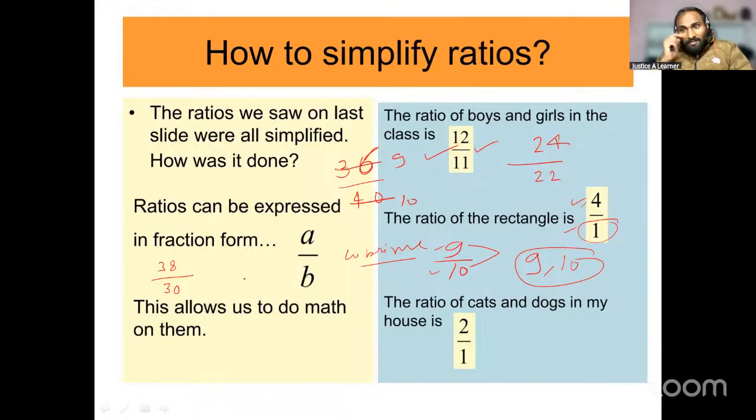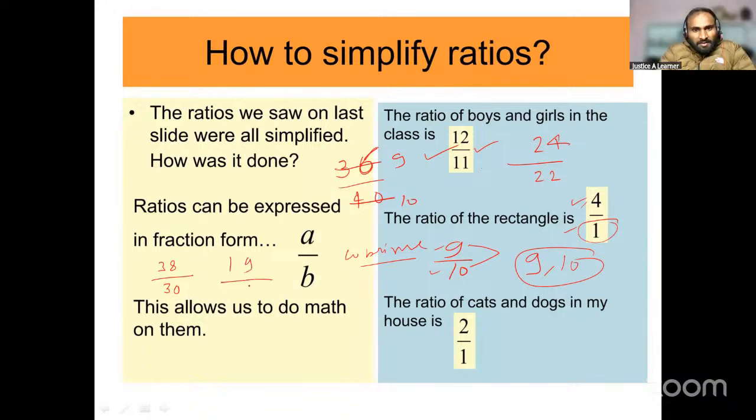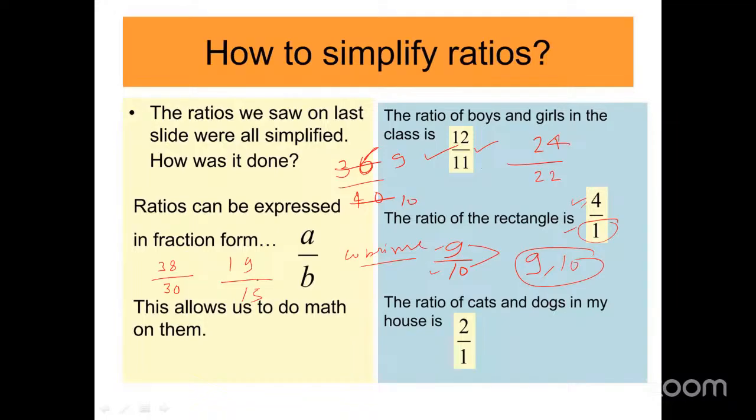What would be the co-prime numbers for this? The co-prime numbers for 38 and 30 would be 19 over 15. Yes, because they cannot divide each other, right? I hope you understood now, right?